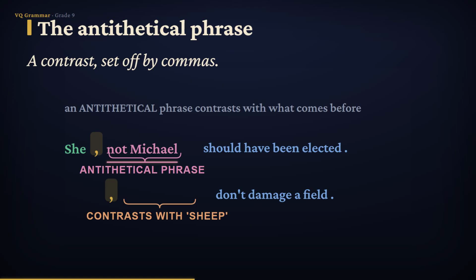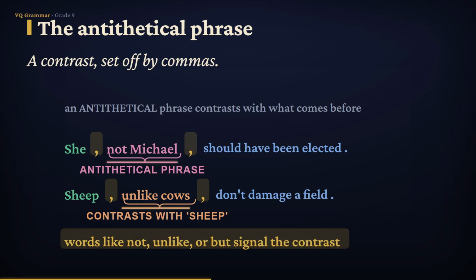It draws a sharp contrast, so we wrap it in commas. Here's another. Sheep, unlike cows, don't damage a field. Unlike cows contrasts with sheep, and again, the commas set it apart. The signal is usually a word like not, unlike, or but. When you see one qualifying the idea before it, reach for your commas.